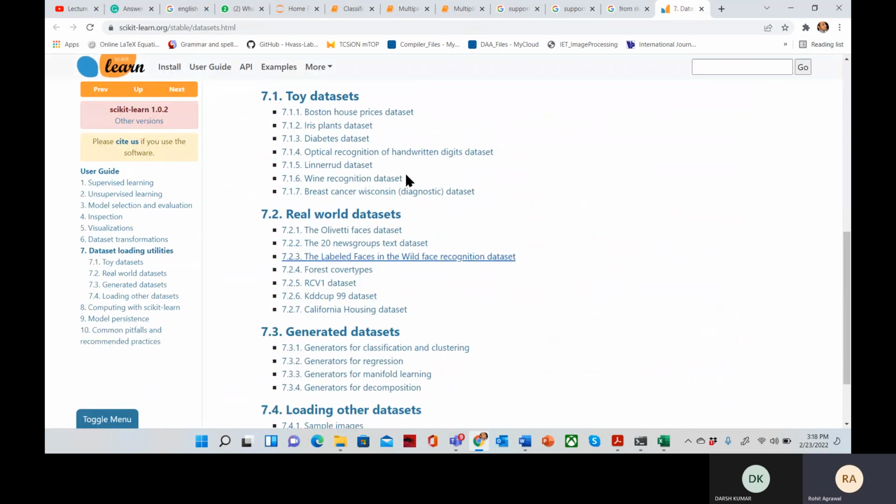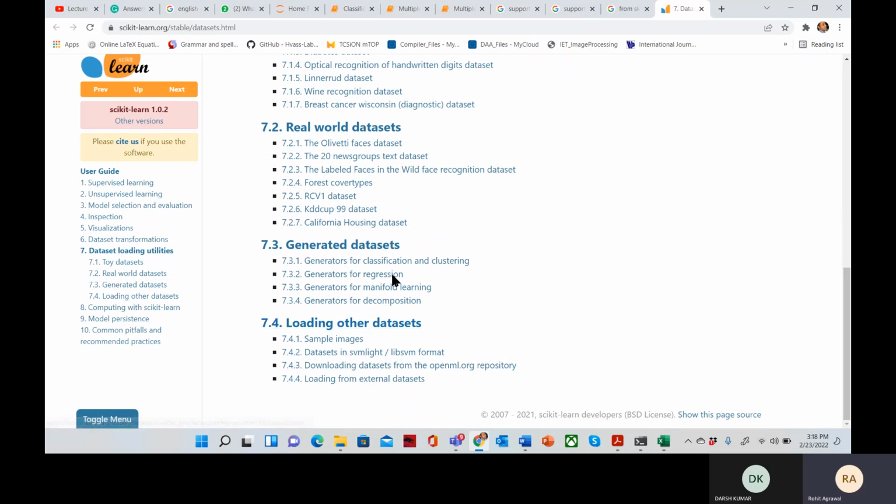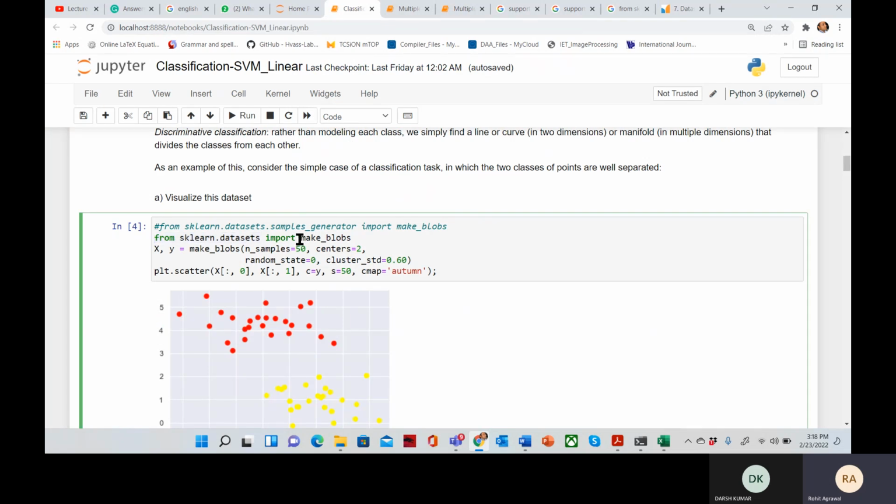You can see the Boston house price data set we used in our last lab. Breast cancer data set. So it has a lot of data sets available already in the sklearn Python library. So we are using this data set, make blobs.